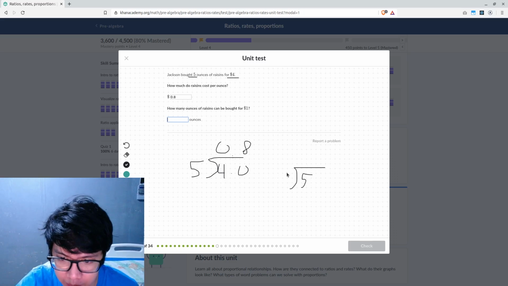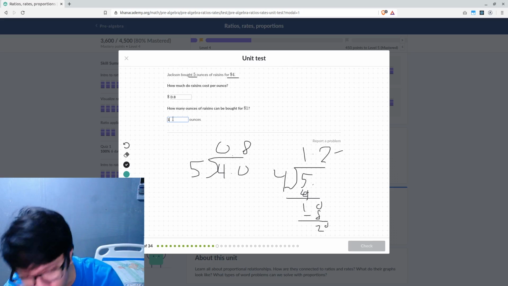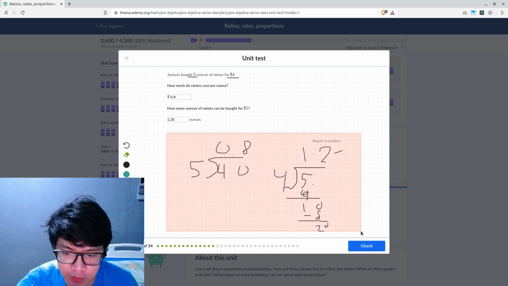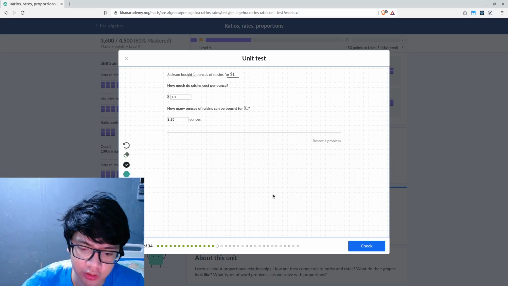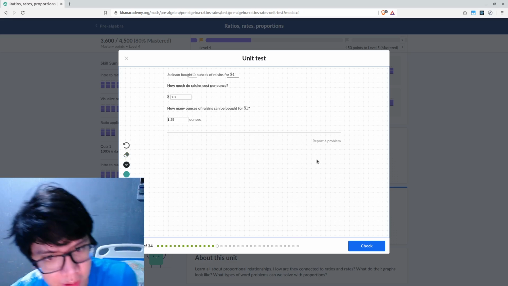Okay, so 5 divided by 4, you get 1.25 ounces. I'm quite sure this is correct, but of course, we're in a unit test. We're gonna double test instead of making a bonehead mistake and repeating the whole process.